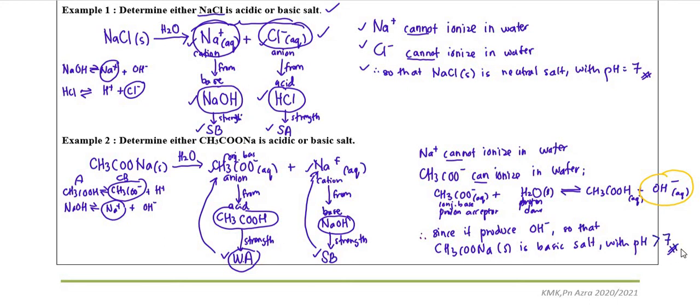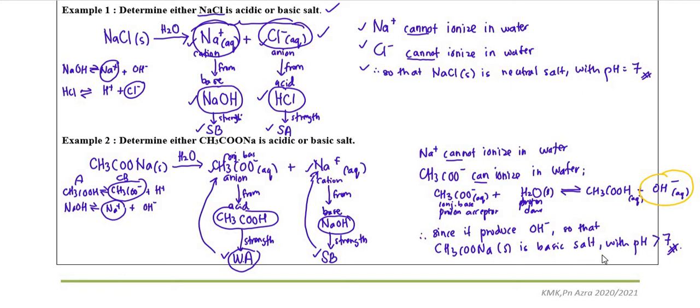This is your answer. Okay, since kamu nampak dia menghasilkan OH minus dalam equation ini, dalam ionize kamu, so terus tentukan garam yang diberi dalam soalan itu adalah basic sebab menghasilkan OH minus. So kalau dia adalah basic, terus kita tentukan pH-nya greater than 7.